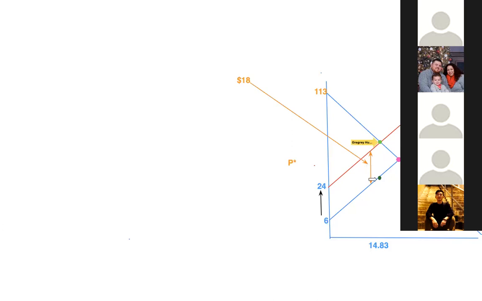To be clear, if you plug this quantity into the original demand curve, once you find the height of the original demand curve, you just add the amount of the tax to get the height of the shifted supply curve.